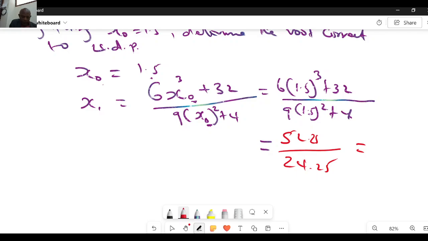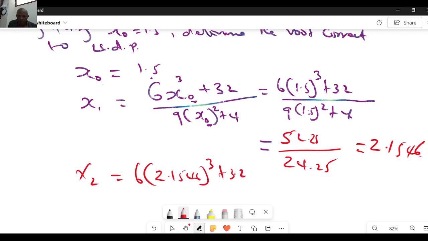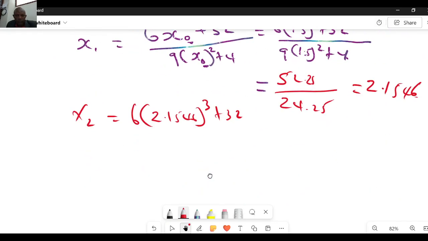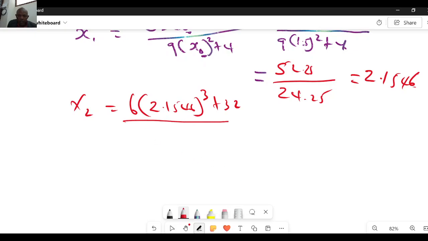So 52.25 divided by 24.25 gives 2.1546. So our x2 will be the same as 6 into 2.1546 cubed plus 32, divided by the original expression, 9 into 2.1546 squared plus 4.